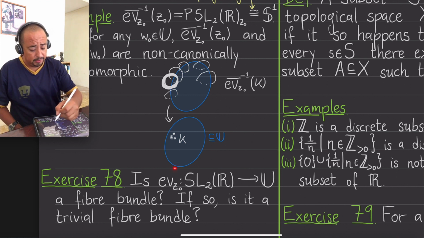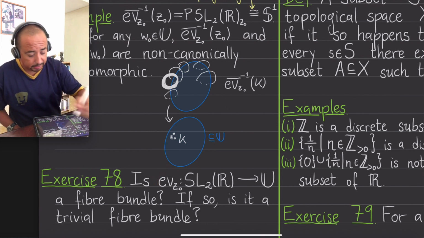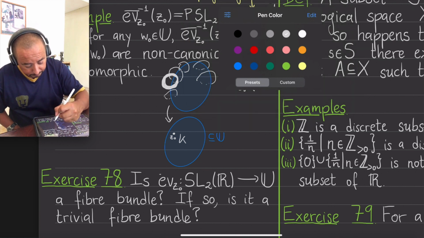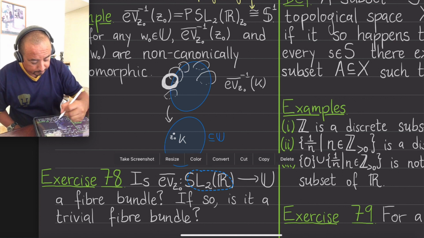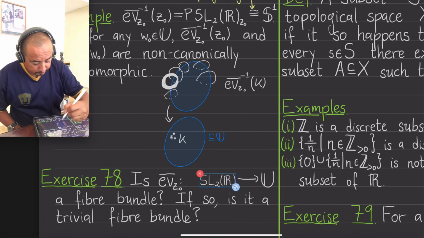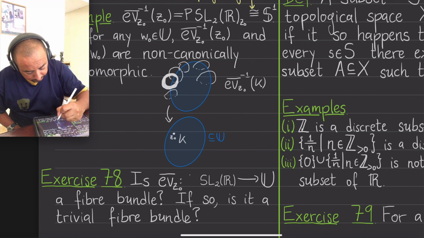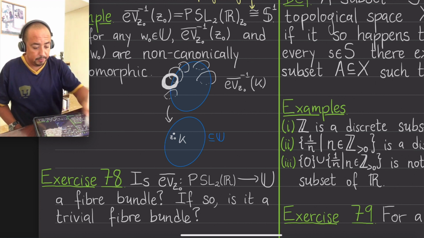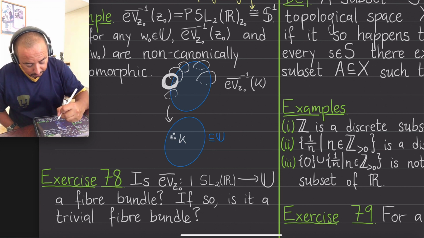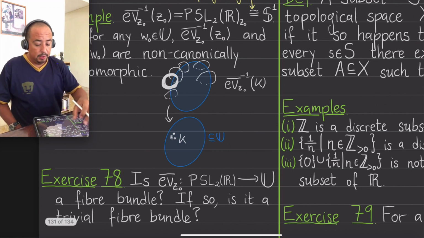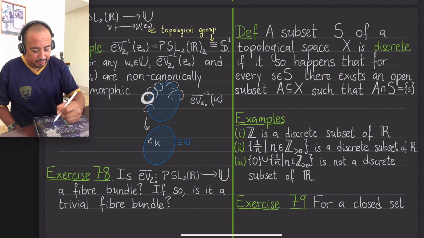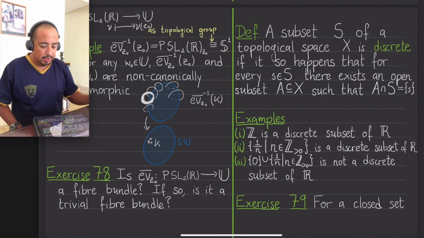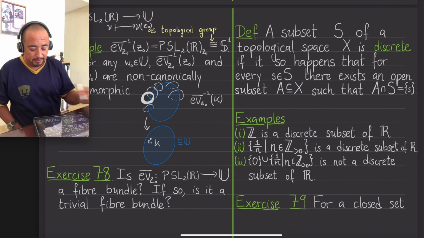Is this a fiber bundle? And then let me write for this other one that goes from PSL2R: is it a fiber bundle? If what I said here about this open set can be done, then it looks like maybe the answer is yes.